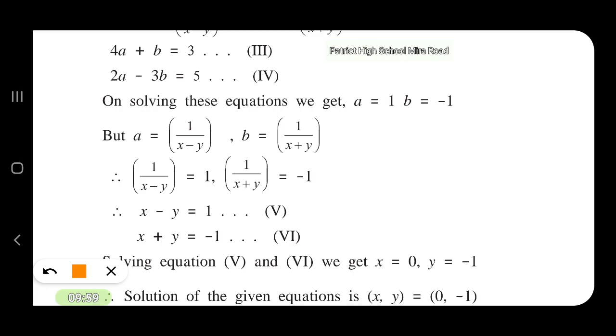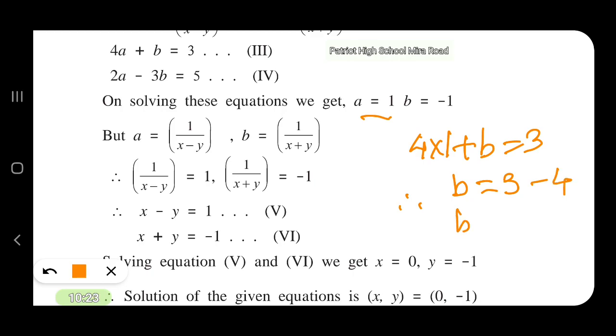Similarly, solving for b. We had obtained a equal to 1, so we will substitute the value in equation 3. It will become 4 multiplied by 1 plus b is equal to 3. Therefore b is equal to 3 minus 4, so b is equal to minus 1.